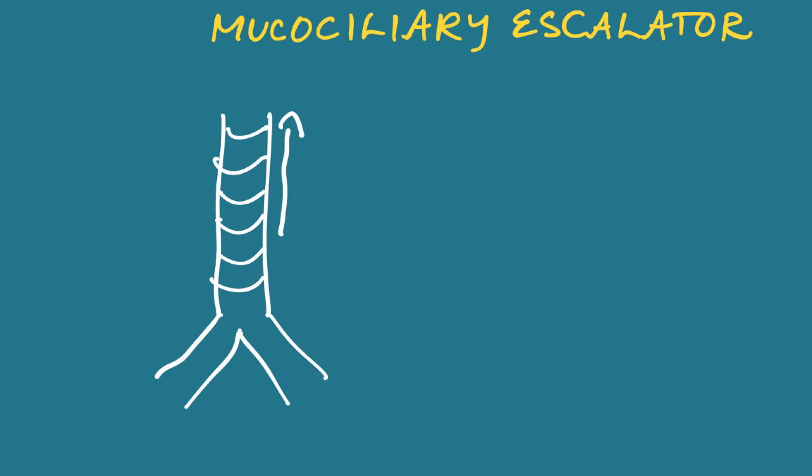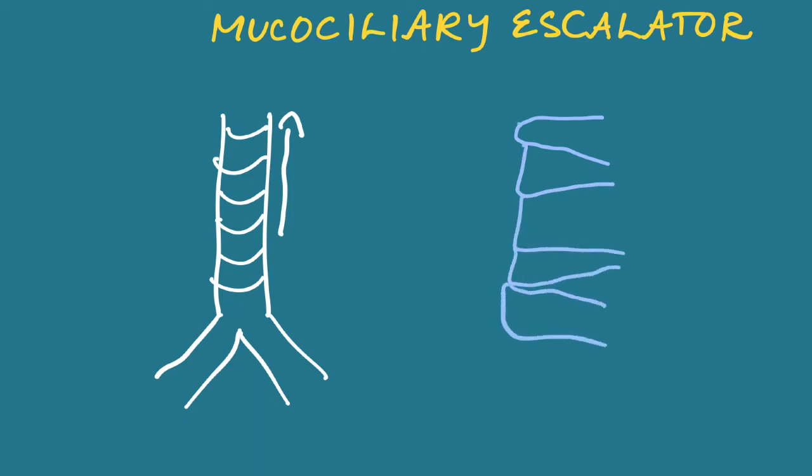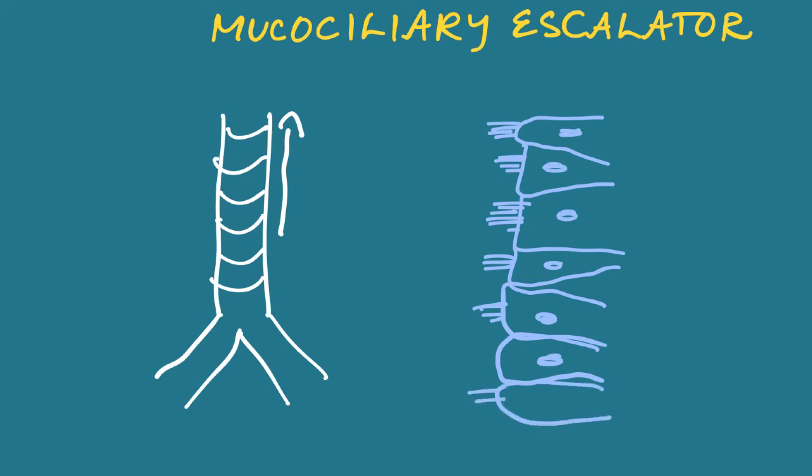We've already seen the lining of the trachea, so let's draw the pseudostratified columnar epithelial cells. So we have the cilia here, and you might have a goblet cell that releases mucus. So here are the cells, and these cells produce mucus.